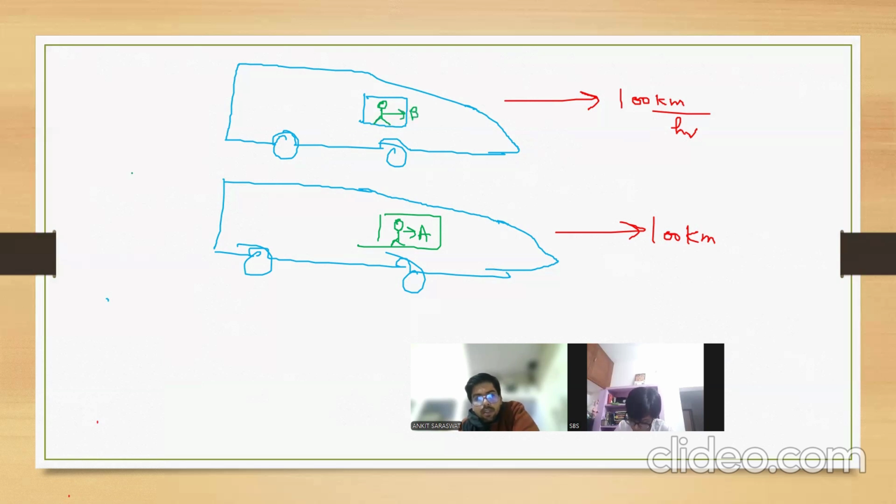Now please tell me, if A is looking at B, then velocity of B with respect to A will be what? 0. Very good. Because both are moving with the same velocity. They are very close and going like this. Understood? Yes, sir. Then they will feel that this driver is at rest.